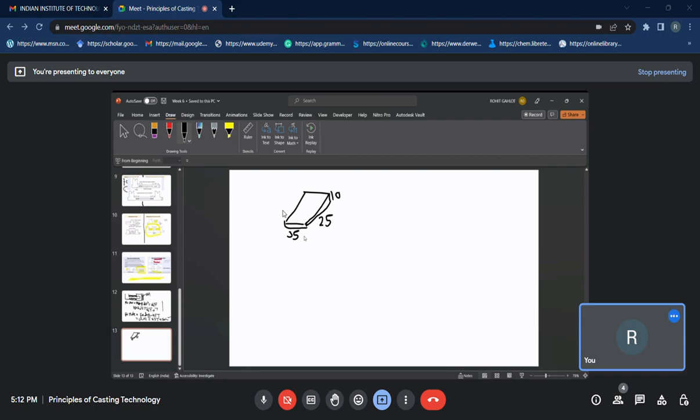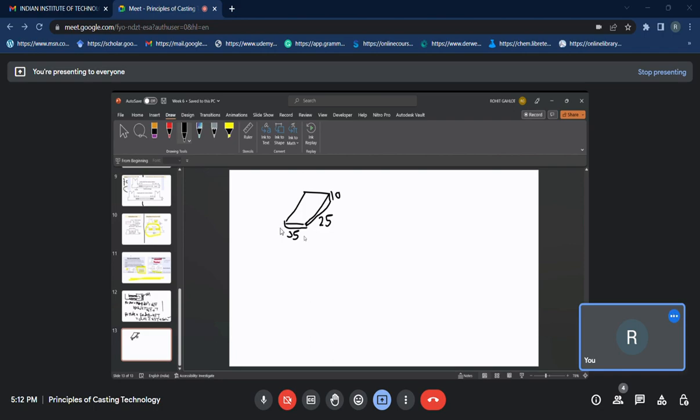So the problem is: what will be the feeding distance and what will be the number of risers needed? Firstly, we need to carefully see where to put the riser. The riser is put at a location where it can feed the farthest location.